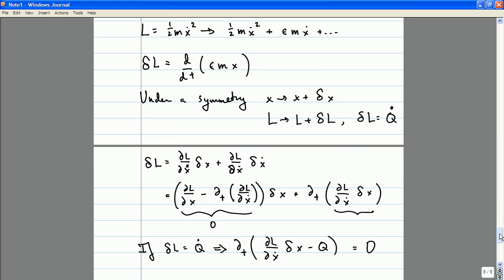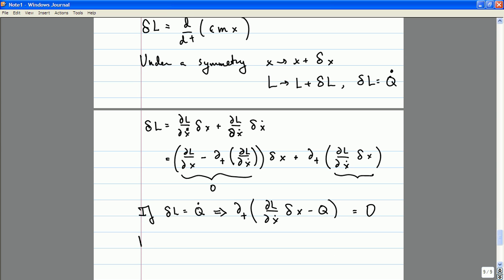And for the Galilean boost, Q was equal to mx, and δx was equal to vt.